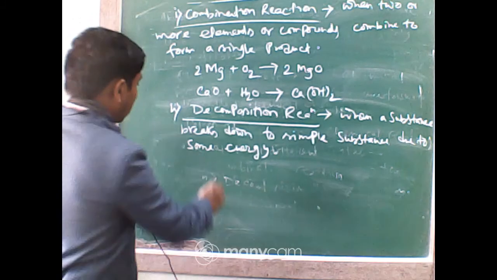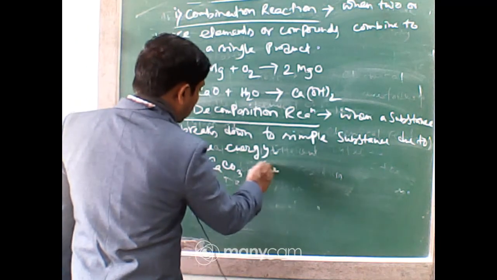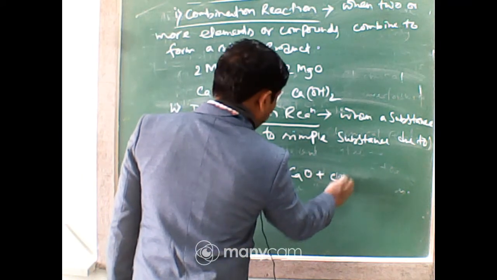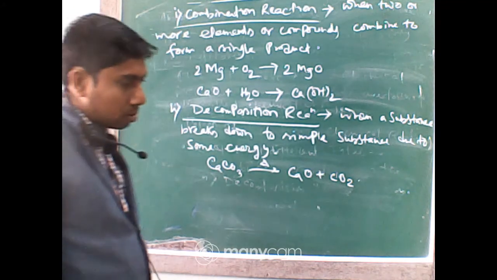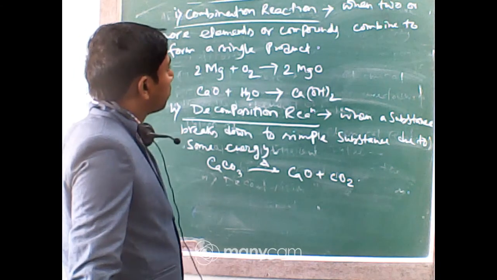What is the example? That is calcium carbonate. When it is heated, it produces calcium oxide plus carbon dioxide. This is the principle for doing combination.